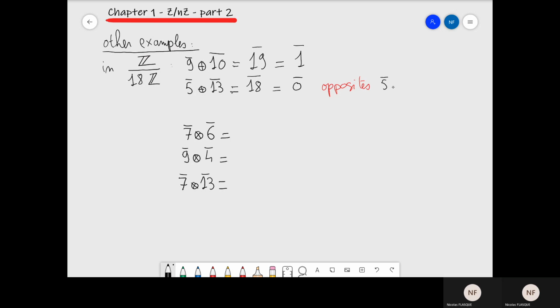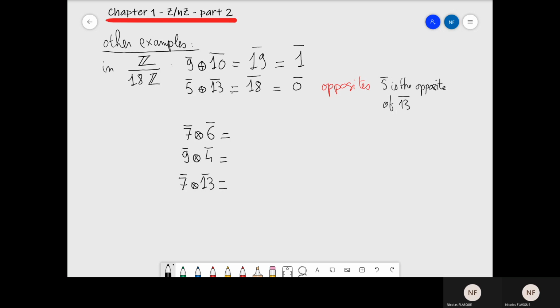So 5 bar is the opposite of 13 bar. And actually the reciprocal is also true. 13 bar is also the opposite of 5 bar. So opposites always go by two.